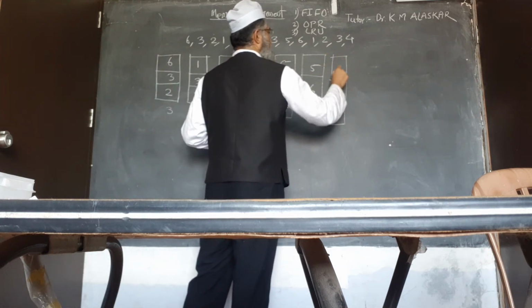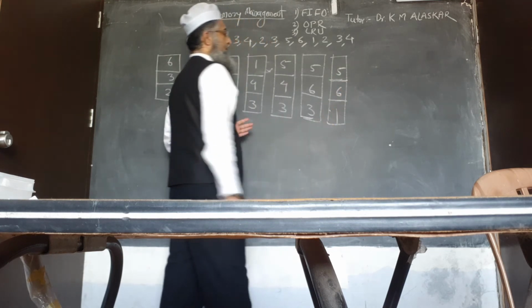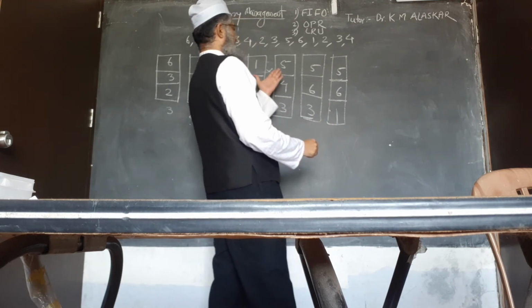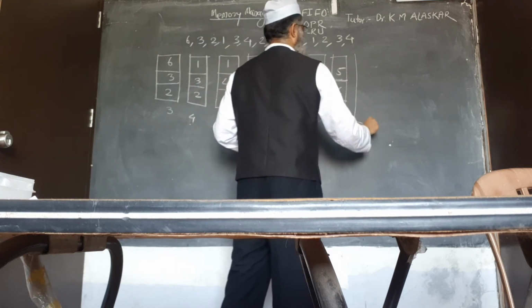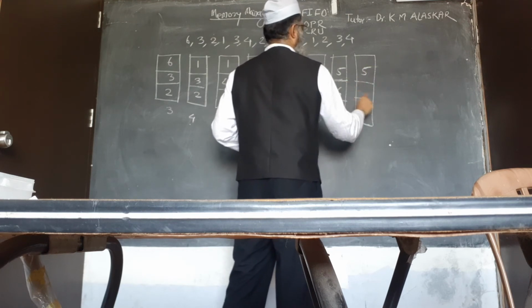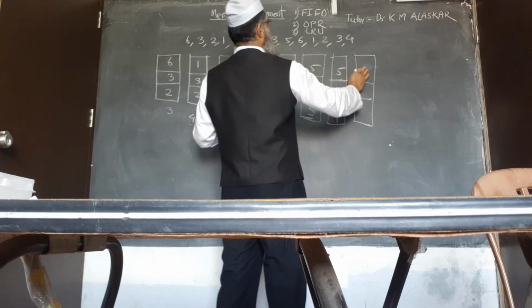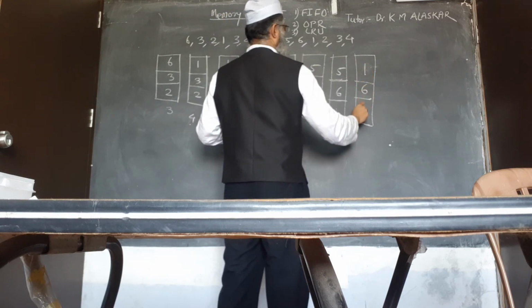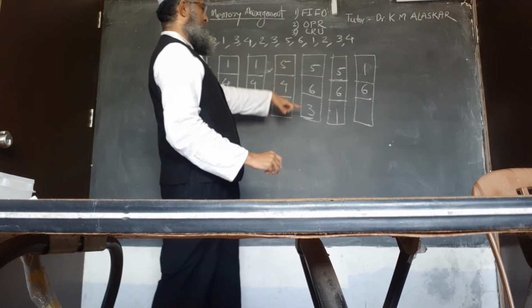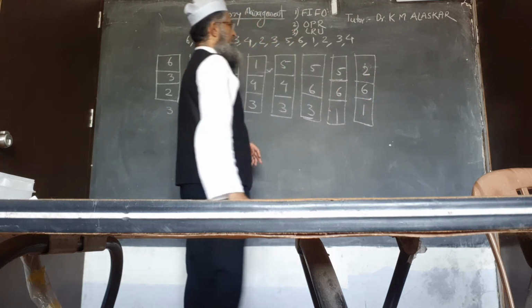So 5, 6 and 1. As far as 2 is concerned, 5 comes first, so we will remove 5. So 2, 6 and 1.